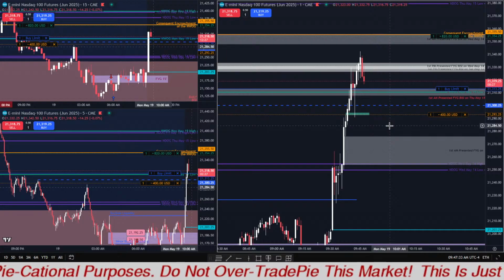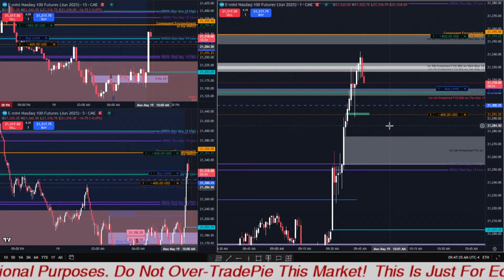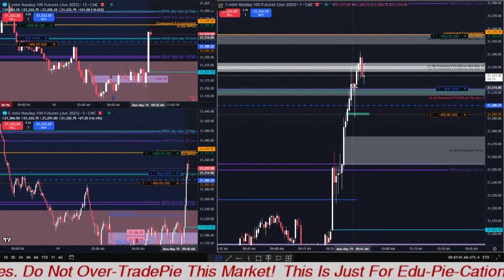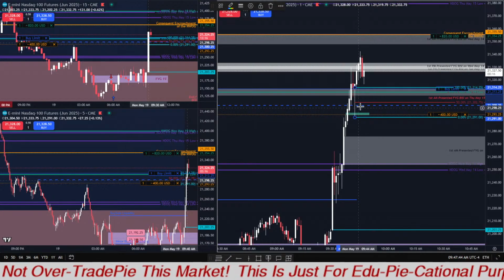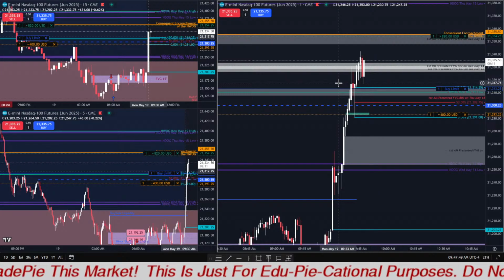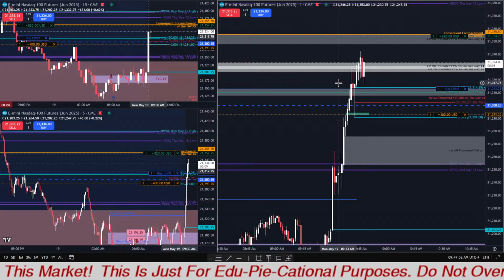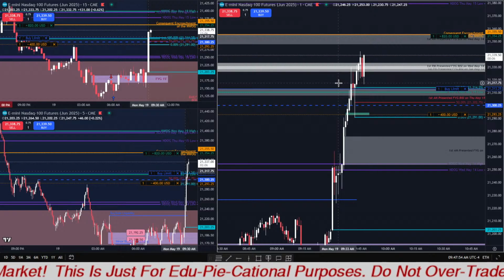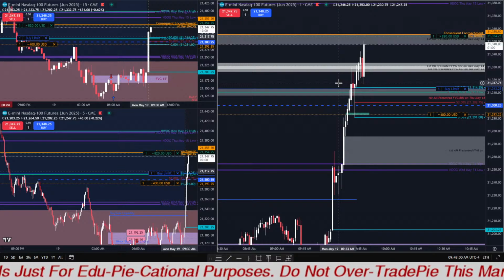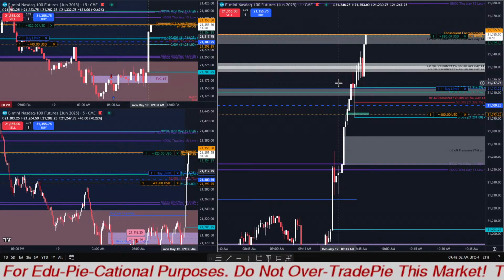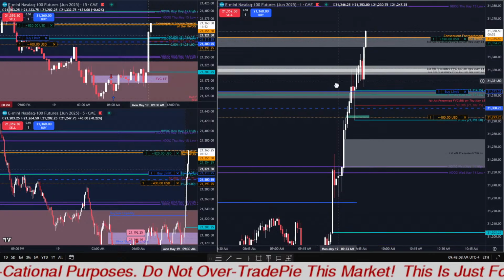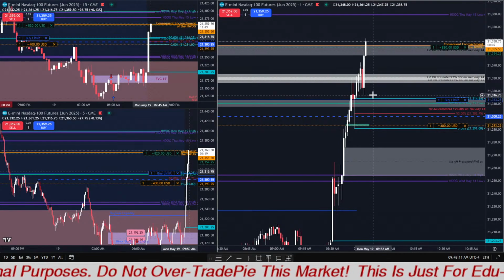Getting close to my order. I'm also interested in this week and the consequent encroachment of that. Okay, we tapped into the consequent encroachment of the new week opening gap and our position still didn't get filled.